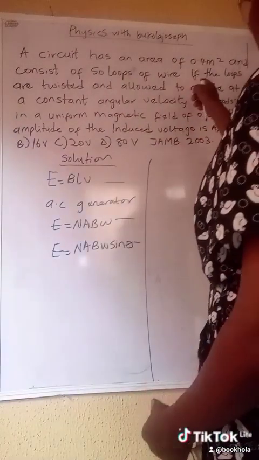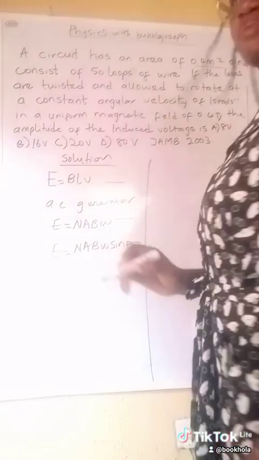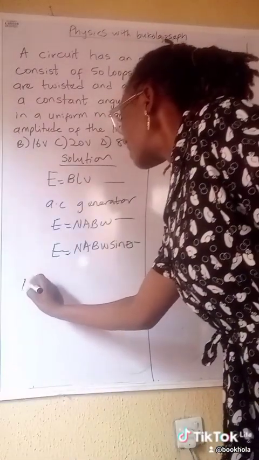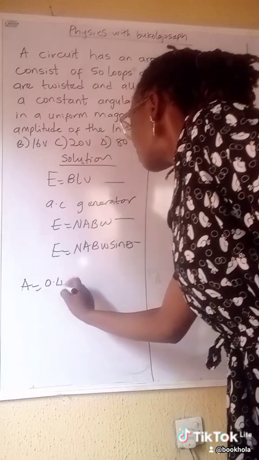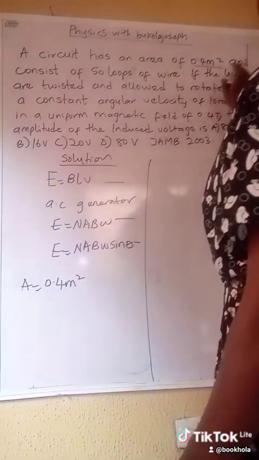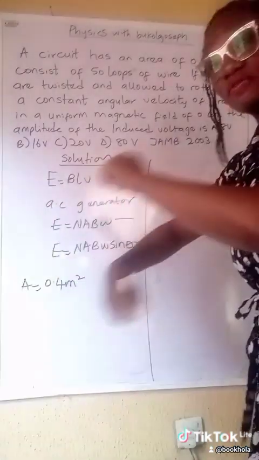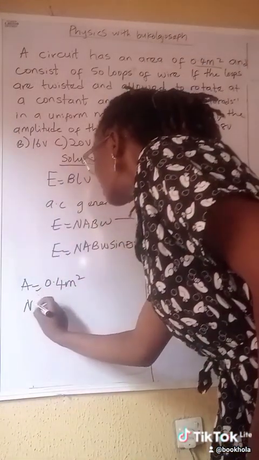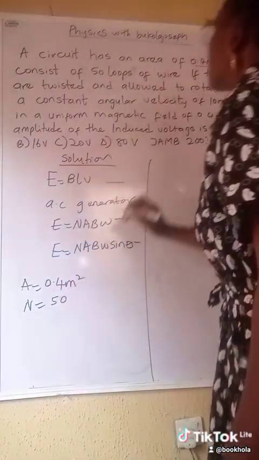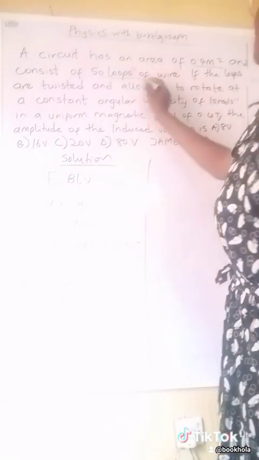A circuit has an area of 0.4 meters squared, so we have A equal to 0.4 meters squared. It consists of 50 loops, that's the number of turns, so N is equal to 50.